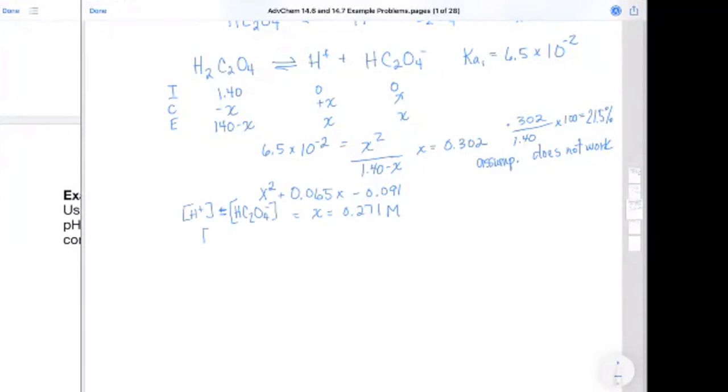We can also calculate the H2C2O4 concentration by going back and plugging in the x value for the equilibrium of the oxalic acid. So this would be 1.183 molar.